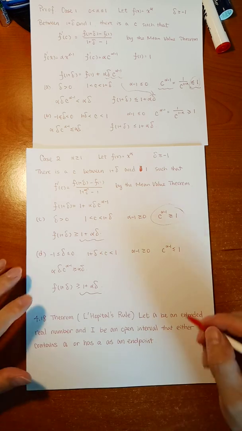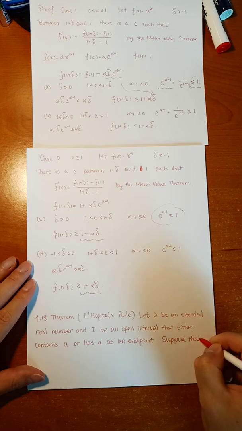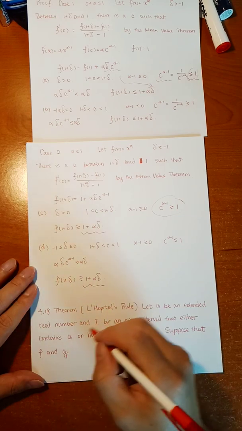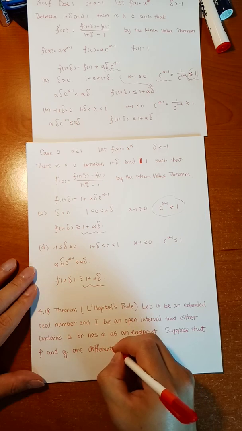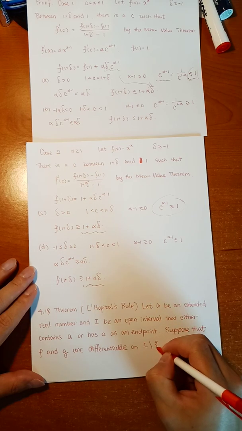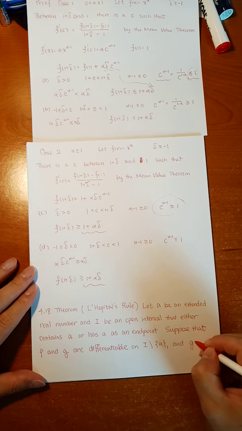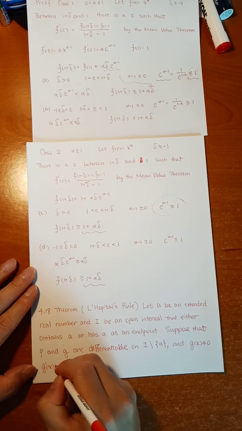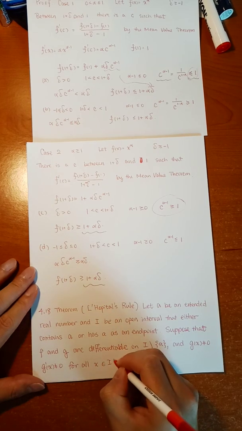Suppose that f and g are differentiable on the interval I without A, and g of x is not equal to 0, g prime of x is not equal to 0 for all x in I without A.